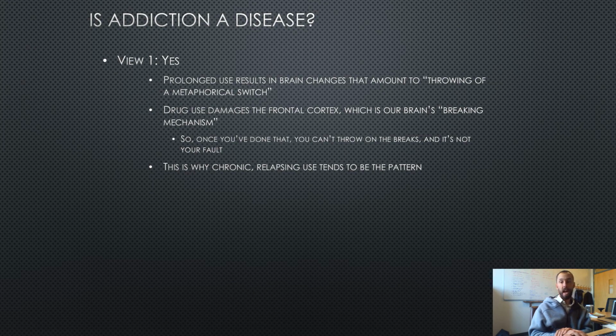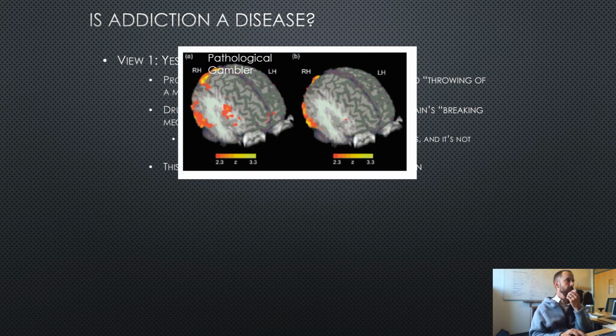So in addicts, it's a chronic course. And this is the brain of a gambler. I guess I only have one label here, but this is different activity in the brain of someone who's a pathological gambler versus not.